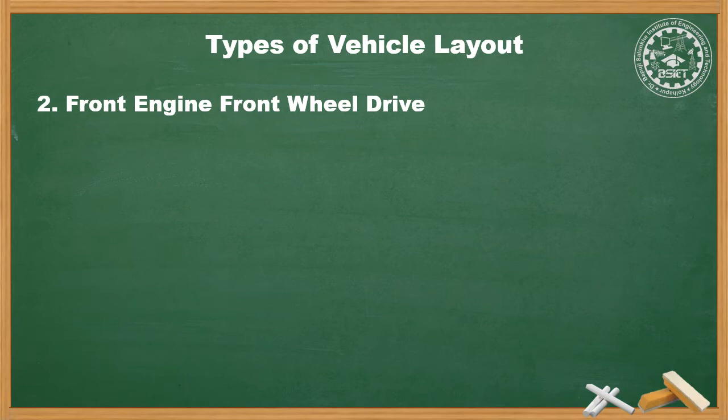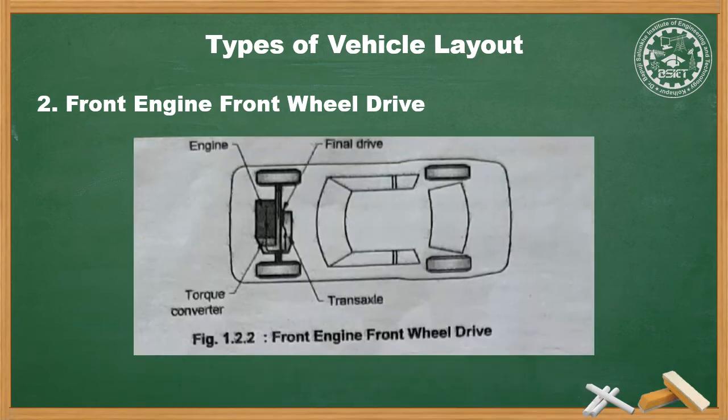The weight distribution tends to be more than 50% at the front axle. This type of vehicle layout, as shown in the figure, consists of the whole assembly at the front axle. The engine is fitted in the front of the vehicle and the drive is given to the front wheels.